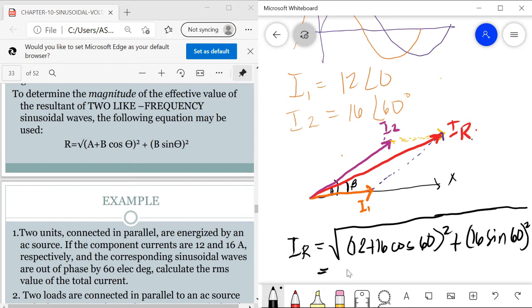Magnitude IR will be equal to 24.33 amperes, not degrees.